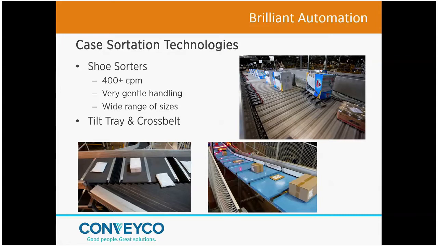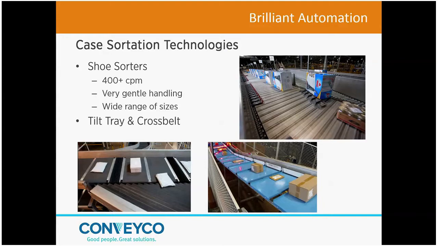They can handle large cartons. They usually run in a loop so that you can create out of one loop several virtual sorters. So that 150 cartons or units a minute can easily be doubled or tripled using that loop as 2, 3, or 4 virtual sorters.